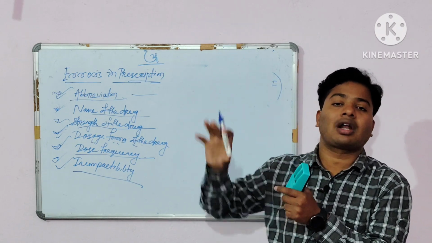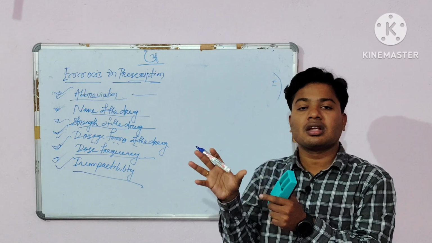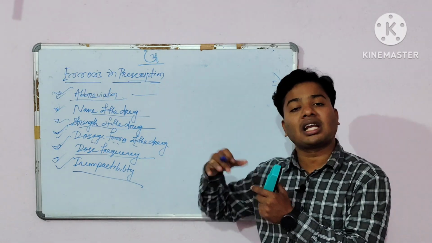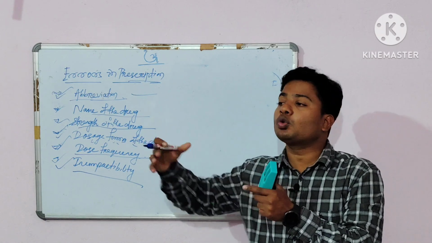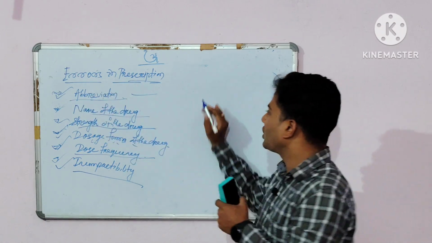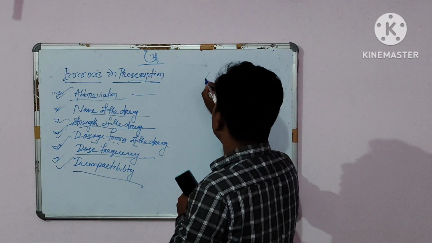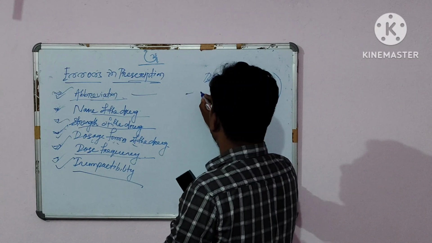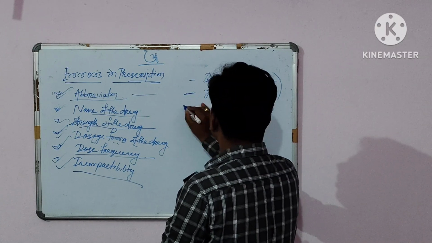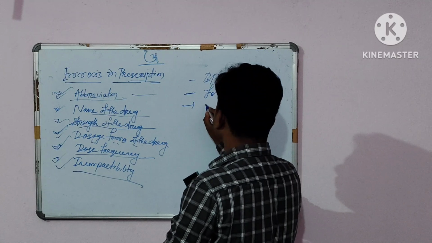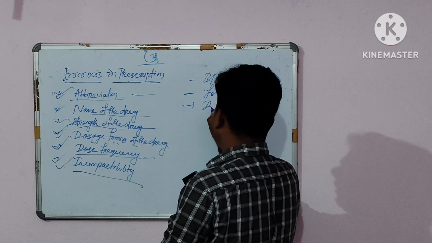According to the disease or the medicines, the physician prescribes the medicine, otherwise that medicine may react with another medicine. If the patient is suffering from blood pressure, fever, viral fever, or diabetes.